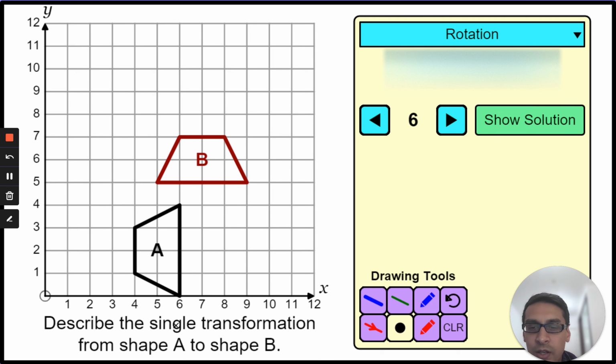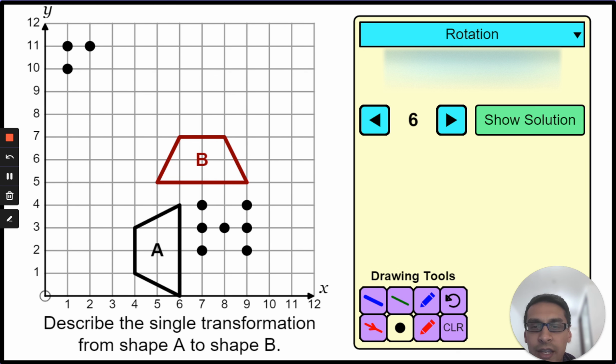In this case, we want to go from A to B. So first thing I suggest is to trace that shape A on your tracing paper, and then put your pencil point, for example, here, and rotate the tracing paper, see if it goes onto B. If it doesn't, then maybe try here, try here. Now there's a bit of common sense: it would be silly to try something up there. You know that's not going to be the point of rotation.